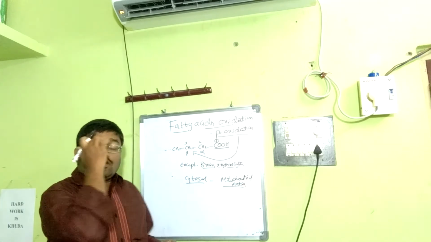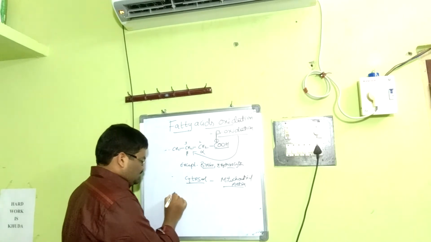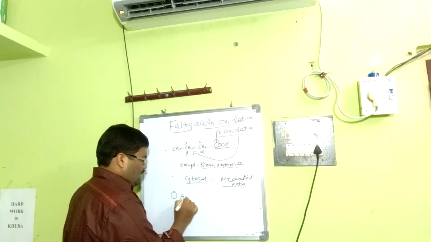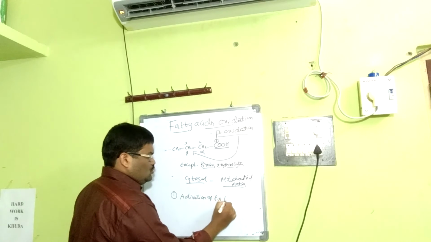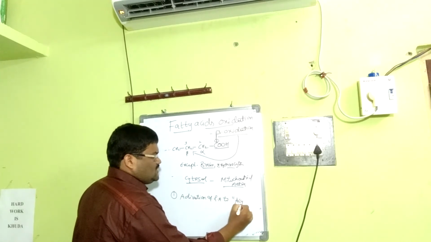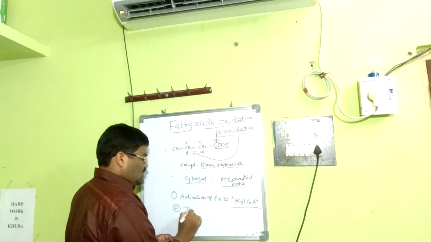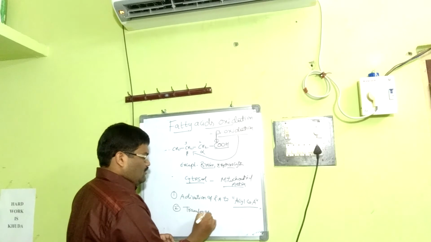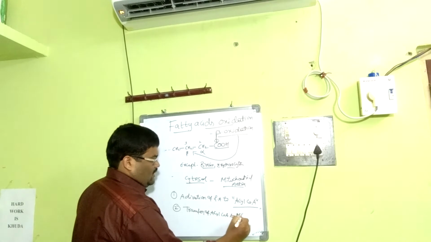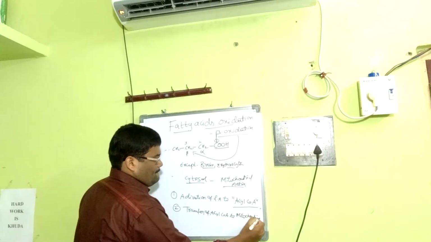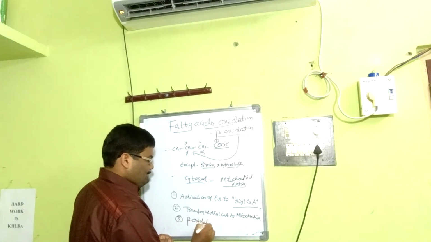It means beta oxidation of fatty acids will generally take place in 3 steps. Number 1, activation of fatty acids to acyl coenzyme A. Number 2, transfer of acyl coenzyme A to mitochondria. Number 3, beta oxidation proper.